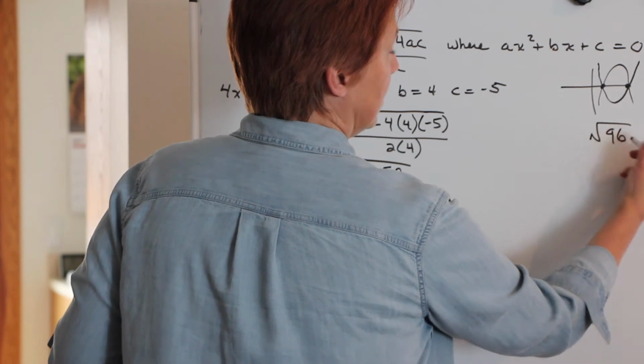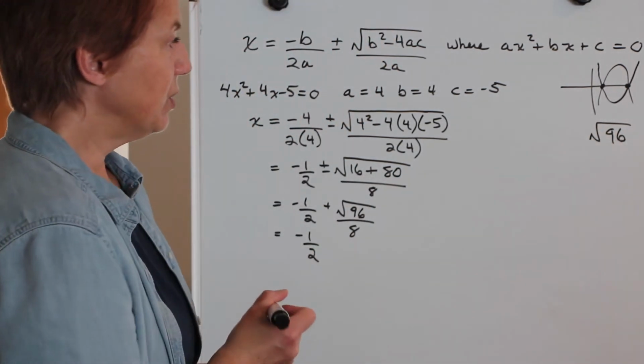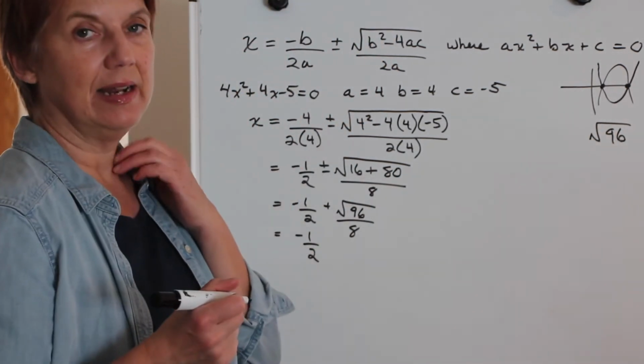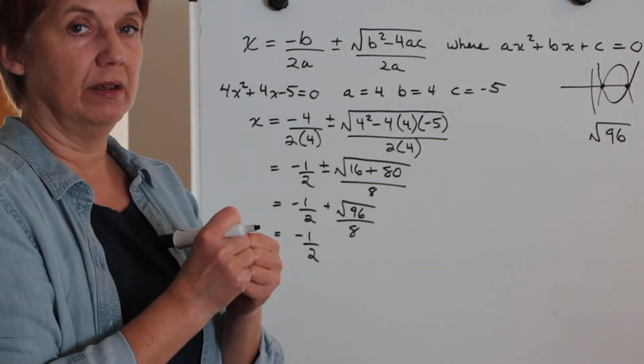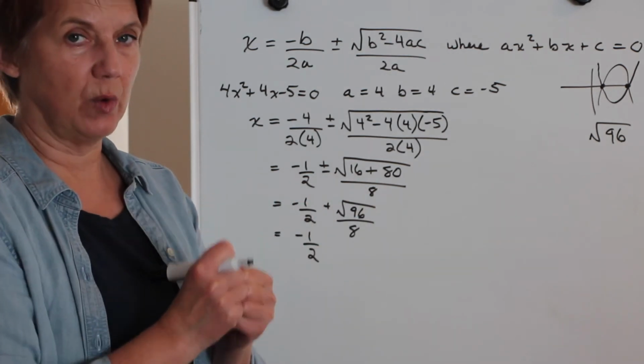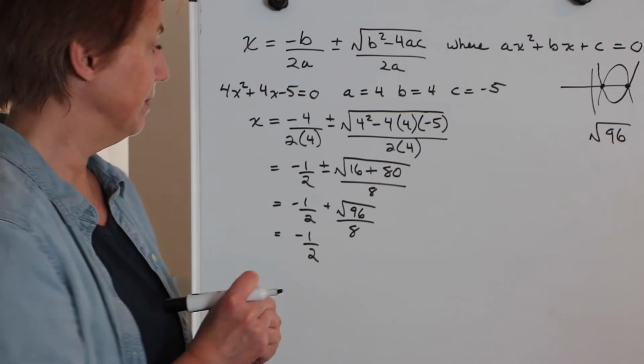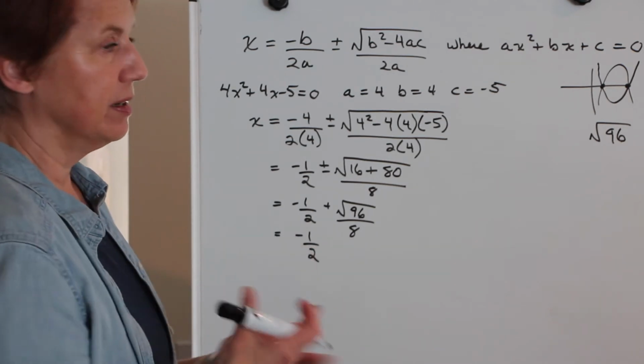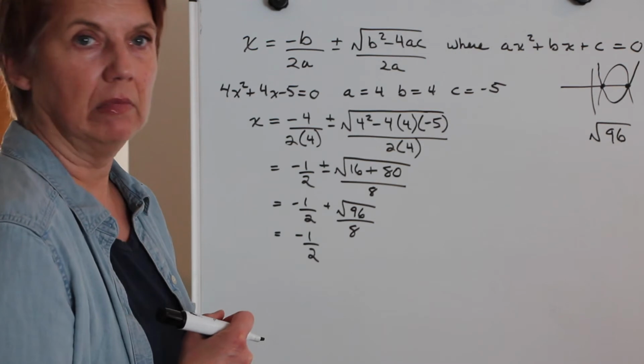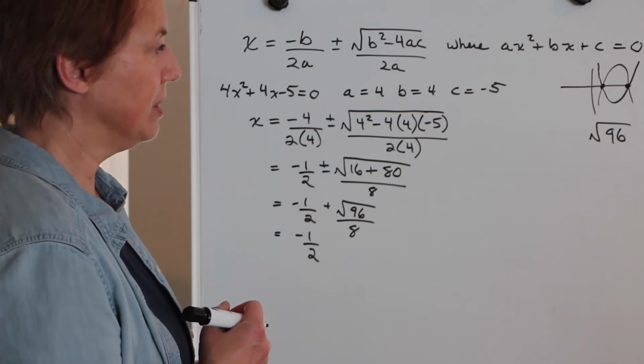Okay, so if the question asks you for a reduced radical form, you have to take that 96 and you have to remove from it any perfect square factor that is inside it, okay? So 96, well, who knows how it divides, right?